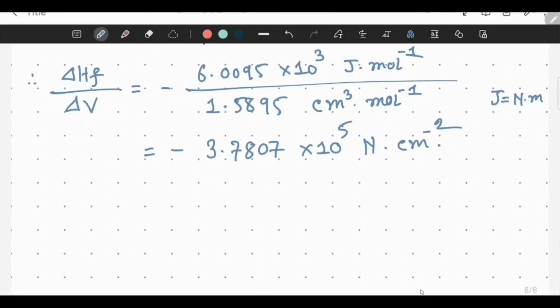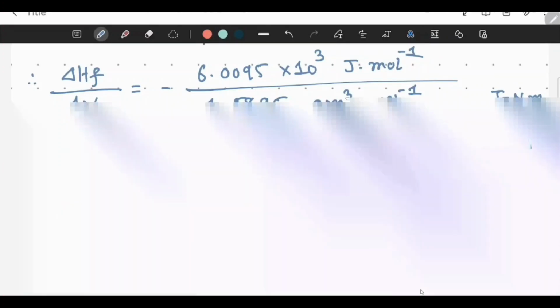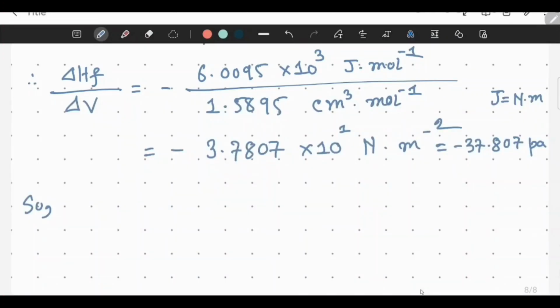So this is our del H by del V. Or directly we can convert it in meter. It will be just 1, and it will be meter to the power minus 2. So it is 37.807 Newton per meter square. So it is Pascal. Correct?